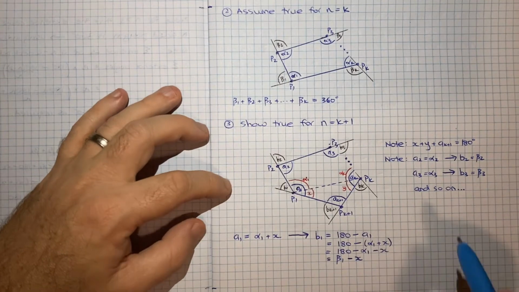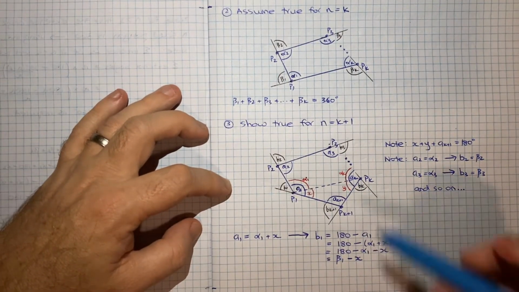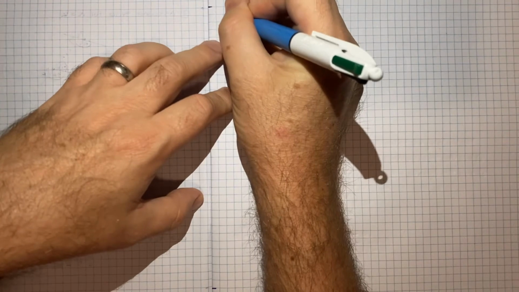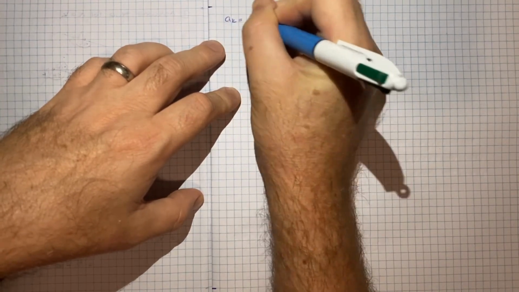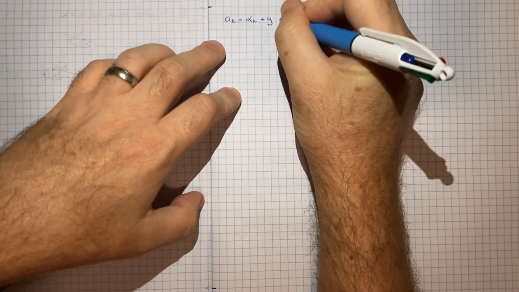Now I might have to turn over, but let's do a similar thing for AK. So we can see from the diagram that AK is alpha k plus y. So we'll say AK equals alpha k plus y. And then we can do the same thing.